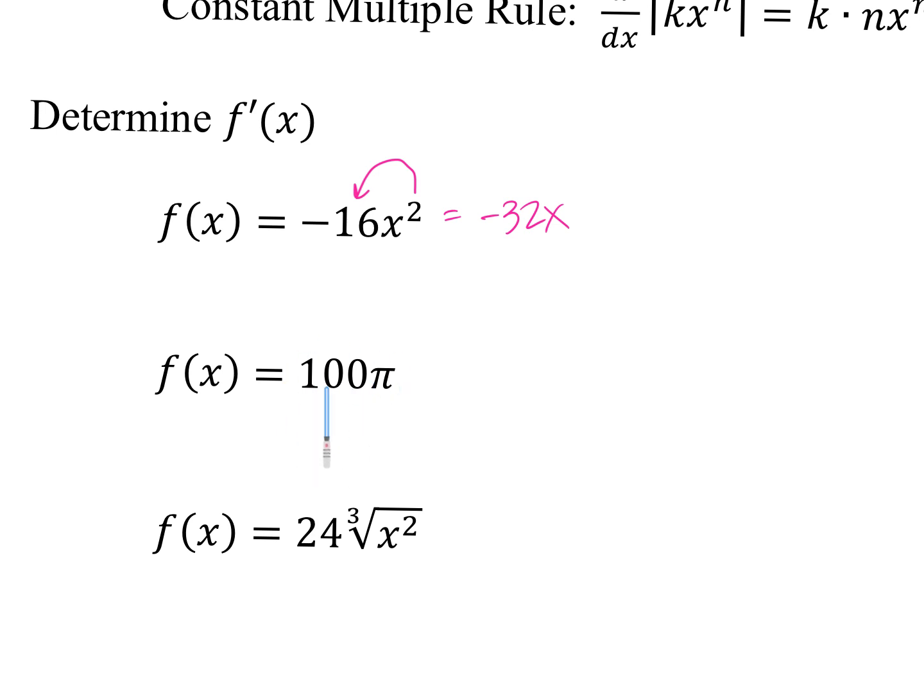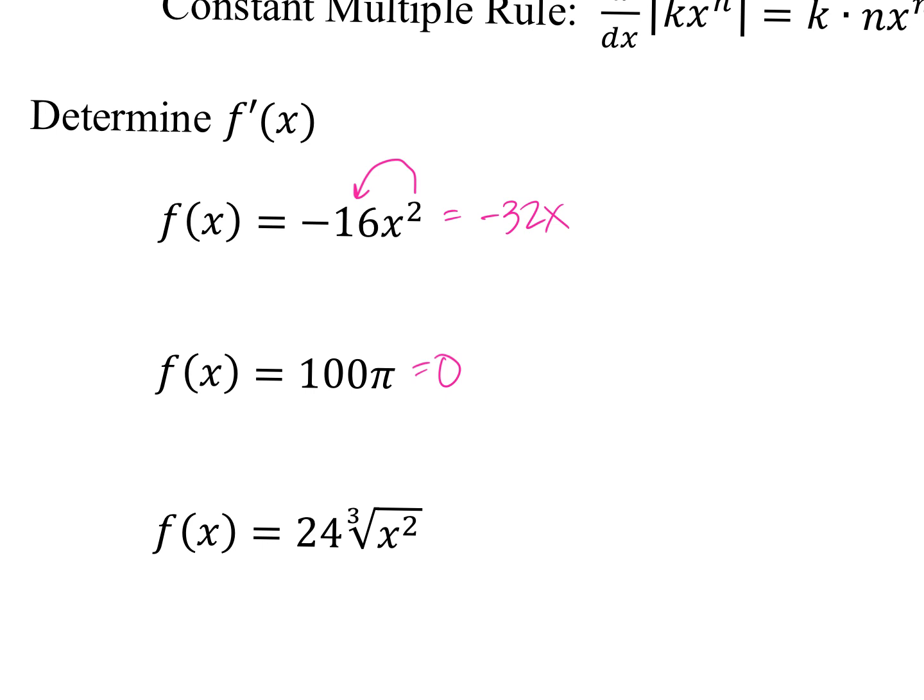This is just a constant. 100 times 3.14159 is just going to be 0. The derivative of this whole thing, this is just a constant. It's just a number. If 3.14159 is pi, when you multiply that by 100, just move that decimal over. The derivative of 314 is just going to be 0.